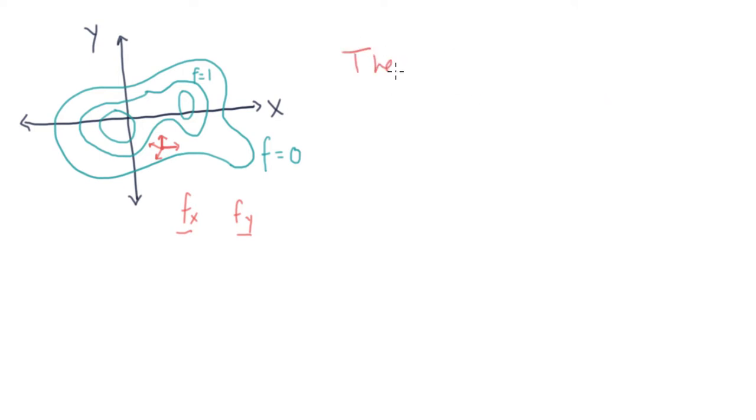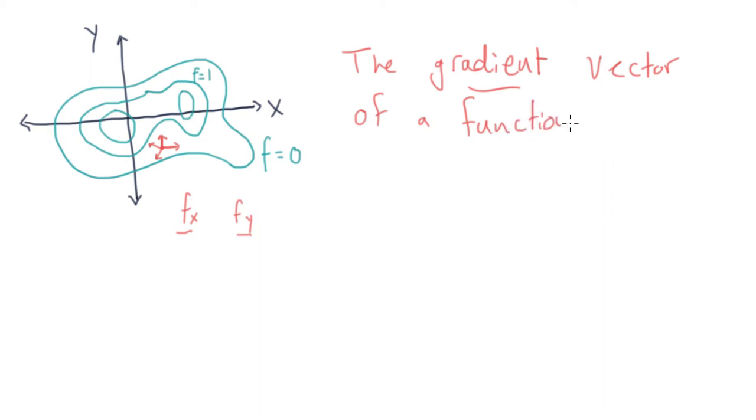So the gradient vector of a function of two variables, and we'll have a similar definition for functions of more than two variables, but we'll start just with the function of two variables, is denoted by this crazy looking upside down triangle, f.